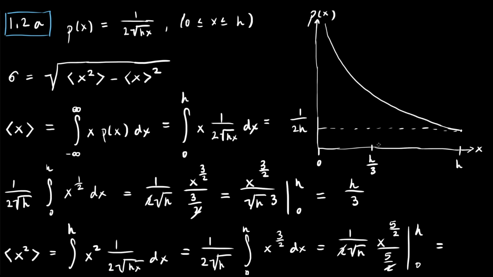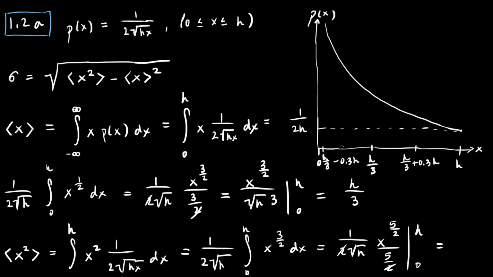And we know that the standard deviation is 0.3 h. So on the left, it will be very close to 0, since 0.3 is very close to 1/3 h. And on the right, it's going to be somewhere around here. So this will be h over 3 plus 0.3 h. Then this will be h over 3 minus 0.3 h.